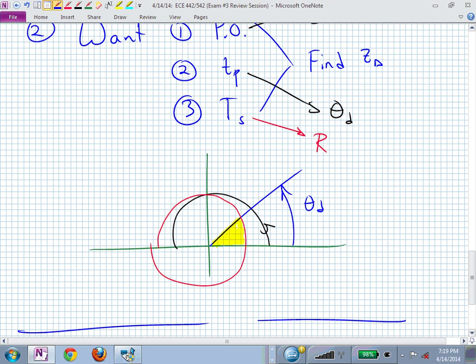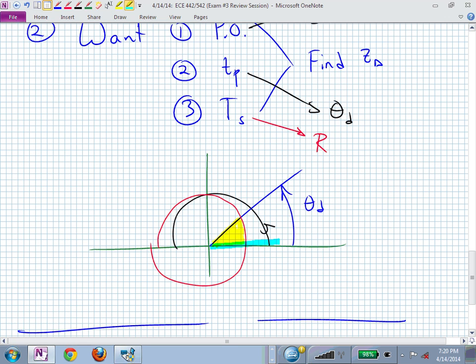There's no damping on the unit circle, is there? So that zeta value is 0. Where's zeta equal to 1? A zeta value of 1 lives between 0 and 1, doesn't it? That's zeta equal to 1. It's real. And you have all your other curves in between.